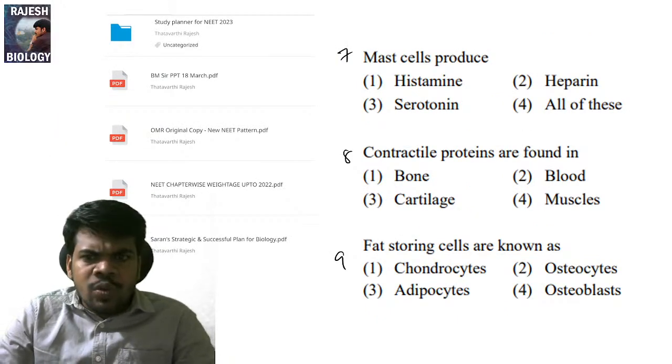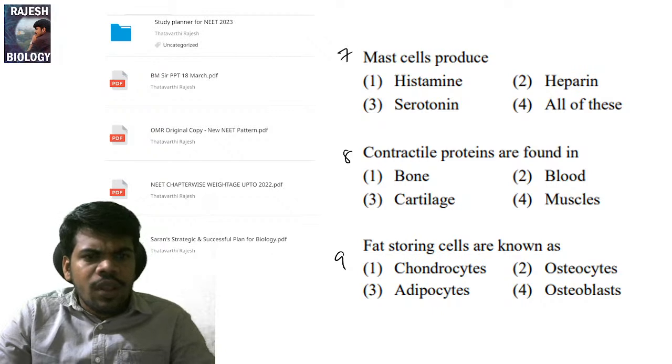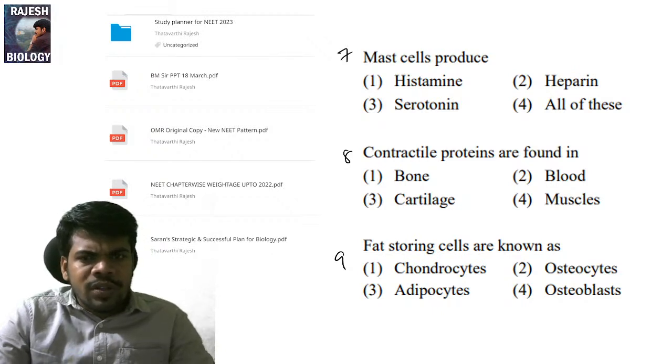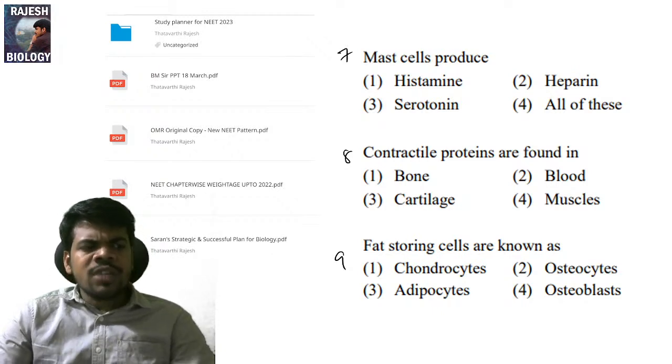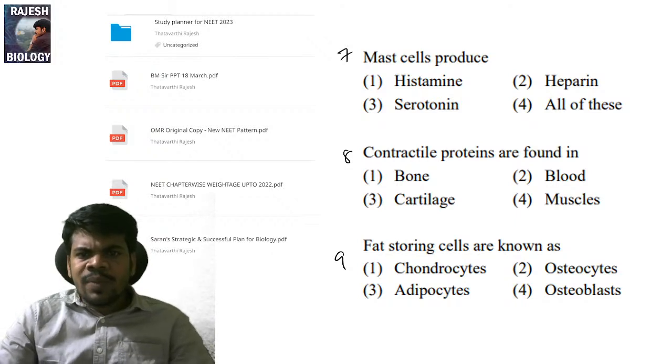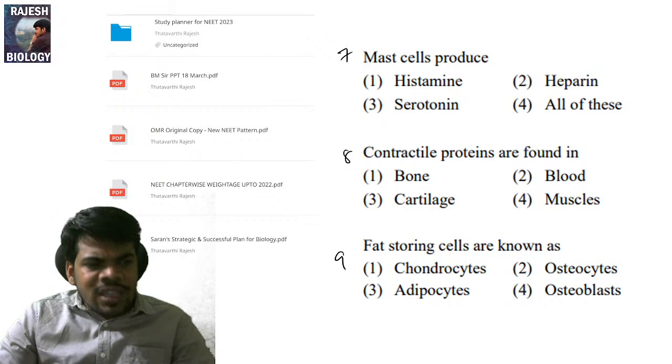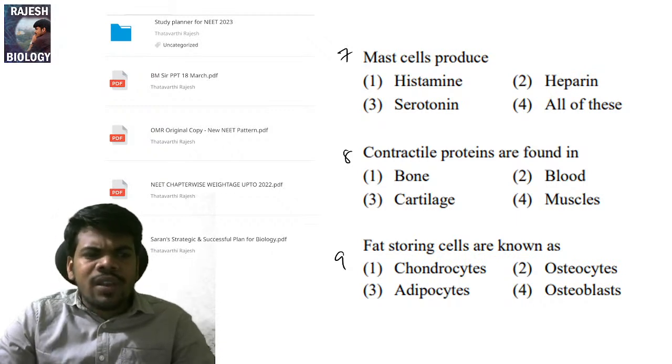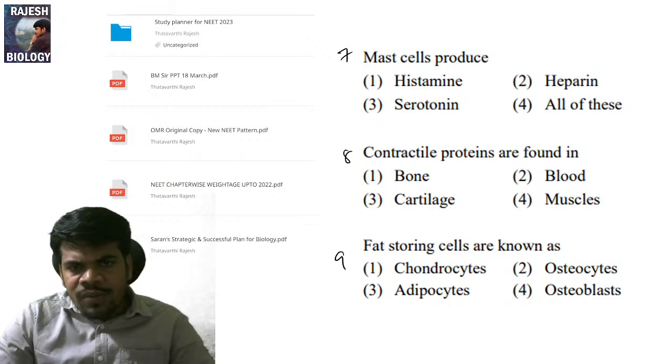Come to the seventh question. Mast cells produce what? Histamine, heparin, serotonin, and all of these. Actually, it is the question which I posted today in our Telegram channel.